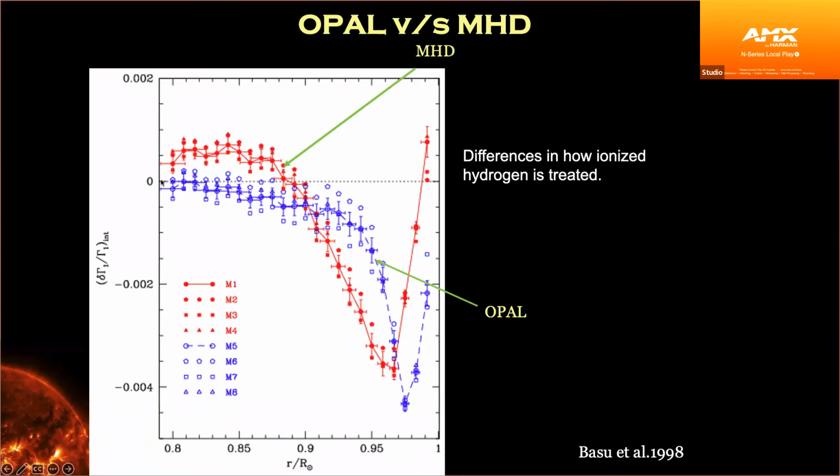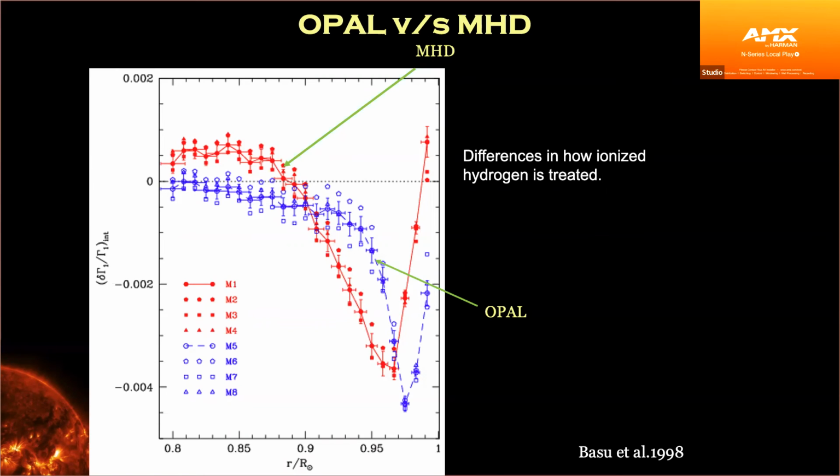OPAL, blue, is much better than MHD, red, in the deeper layers, but very close to the surface, MHD seems to be better. Turns out the differences arise from how ionized hydrogen is treated. So you can actually understand the difference looking at these gamma-1 differences.